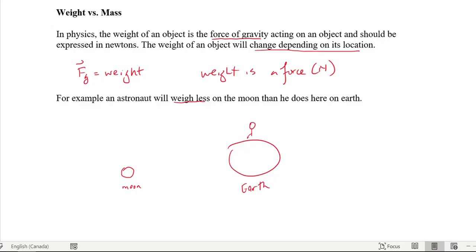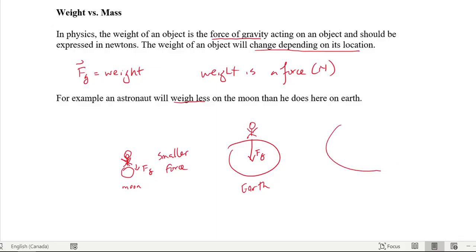So here's the astronaut. The Earth will pull down harder, whereas here the astronaut, and somehow the astronaut shrunk as well, which it shouldn't. The moon does not pull down as hard, right? And so you actually weigh less, you have a smaller force on you than on Earth. Okay, and that's why you weigh less on the moon.